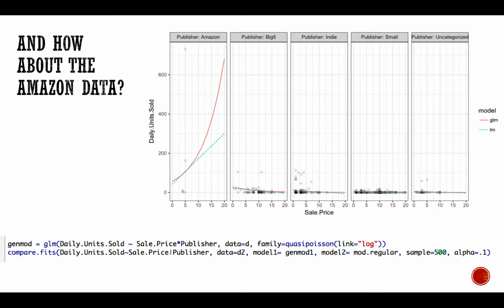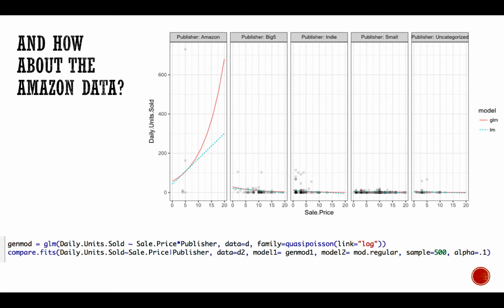Ironically, it actually predicts more using the GLM than it does with the LM. That's kind of interesting. But the cool thing about it is that it bends. It recognizes that there's this kind of plateauing that happens as you increase the price of your book, that eventually you're going to fall to zero.